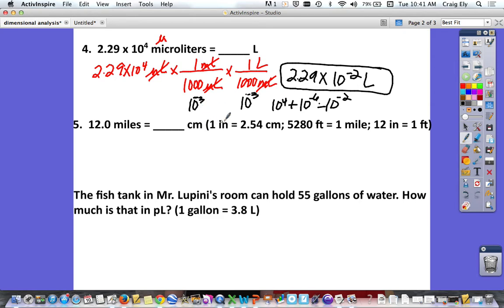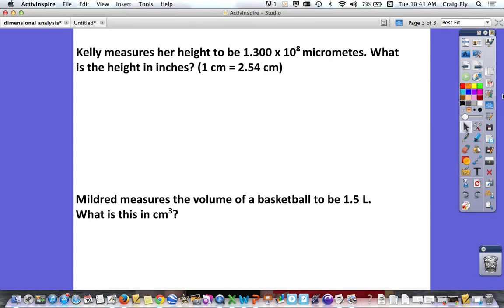If it's not nice, easy numbers, you can go ahead and move the decimal around, but make sure you're paying attention and be very careful about that. All right, let's move on to another one. I'm going to leave a couple more of these blank so you can have time to figure these out on your own. Let's look at the very last question.